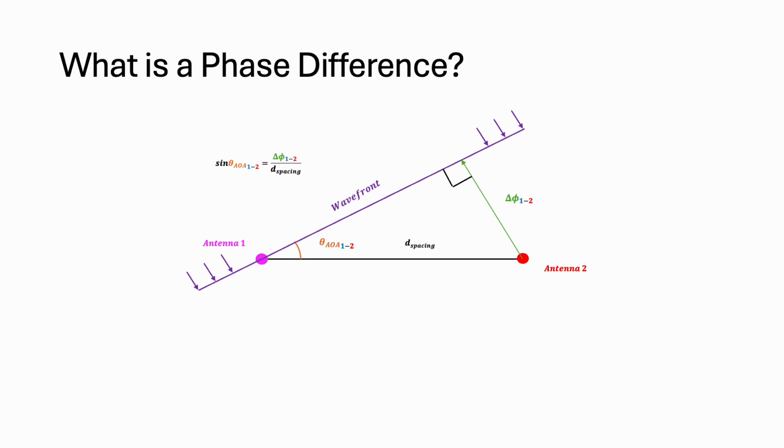This is a triangular approximation, and it's the exact same if we reference the other antenna. The polarity of our phase difference will be different, but we just have a different reference point of view.